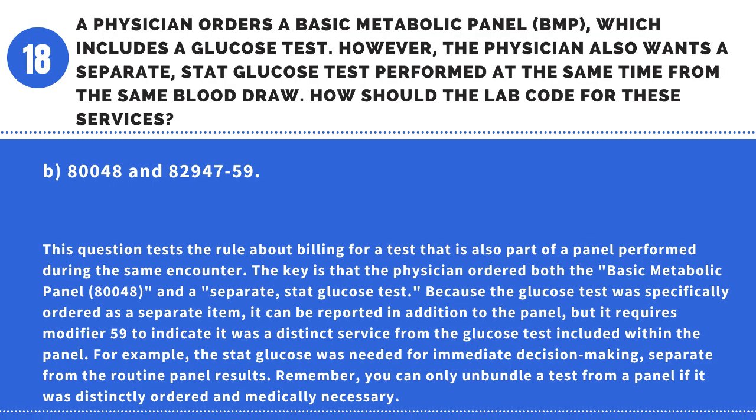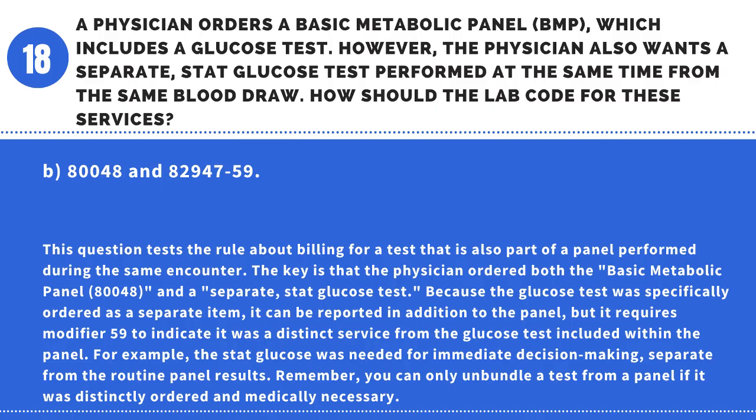Answer: B. 80048 and 82947-59. This question tests the rule about billing for a test that is also part of a panel performed during the same encounter. The key is that the physician ordered both the basic metabolic panel, 80048, and a separate, stat glucose test.